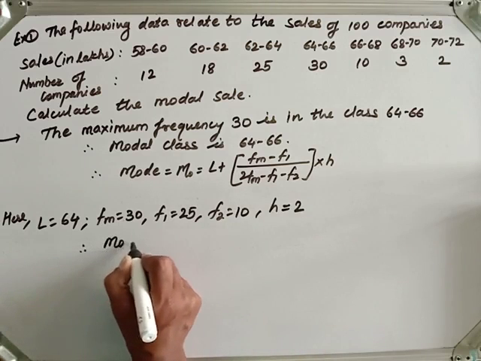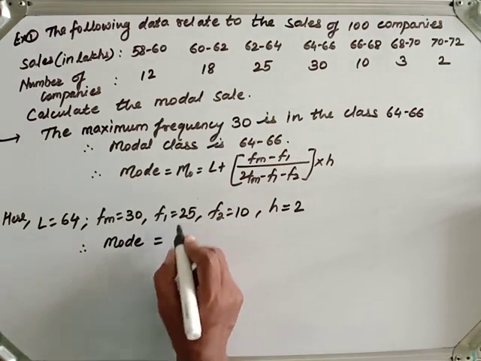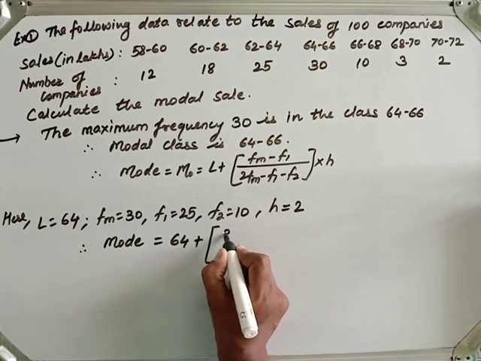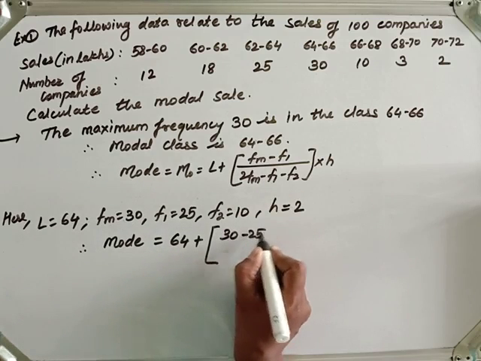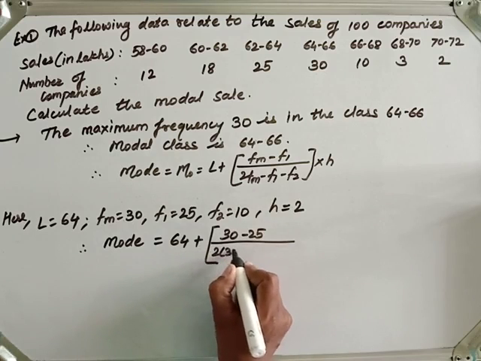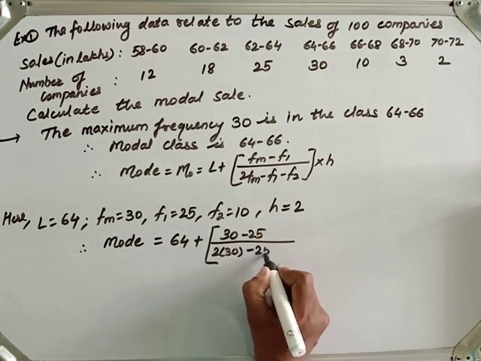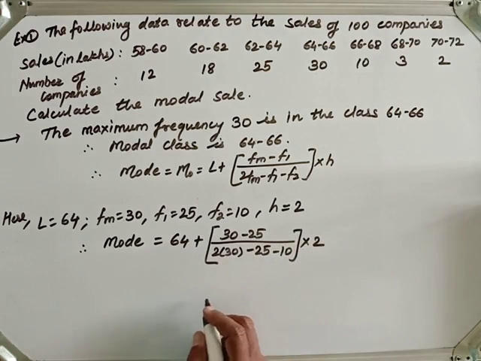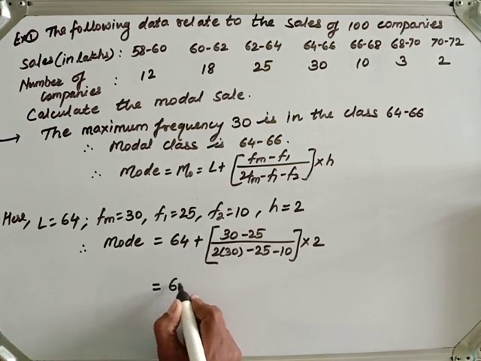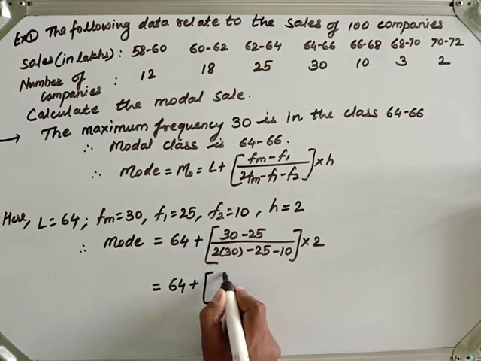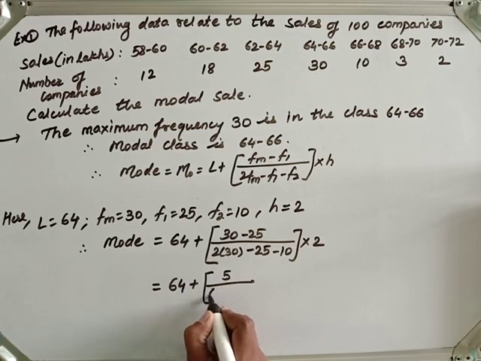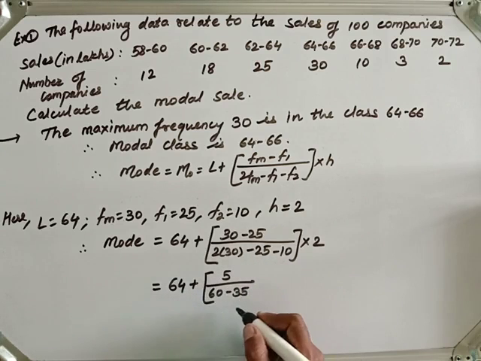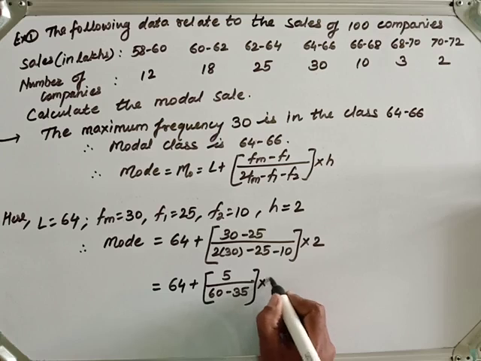Therefore, mode is L, which is 64, plus (30 minus 25) upon (2 times 30 minus 25 minus 10), multiplied by 2. This is the same as 64 plus 5 upon (60 minus 35), multiplied by 2.